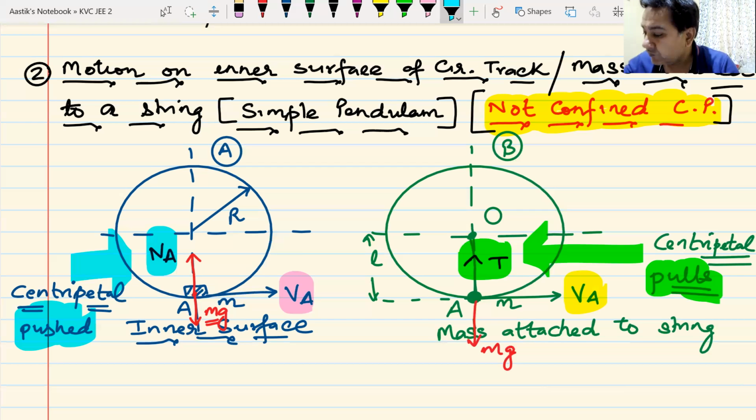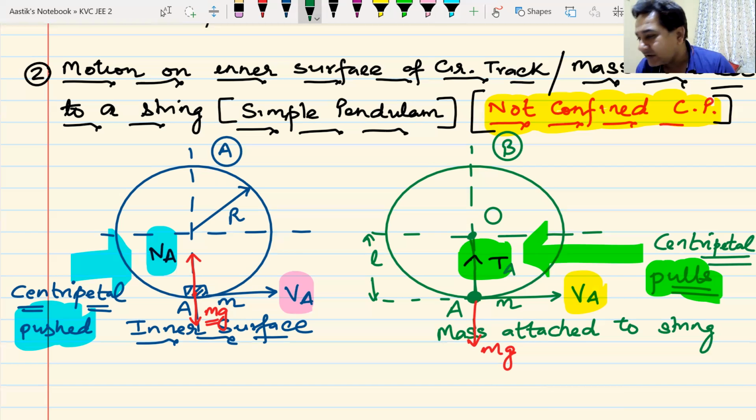So let me call this tension at point A. So everything looks similar. The only difference between the two cases is whatever job something is doing on side A, the same job is being done by something else on side B.